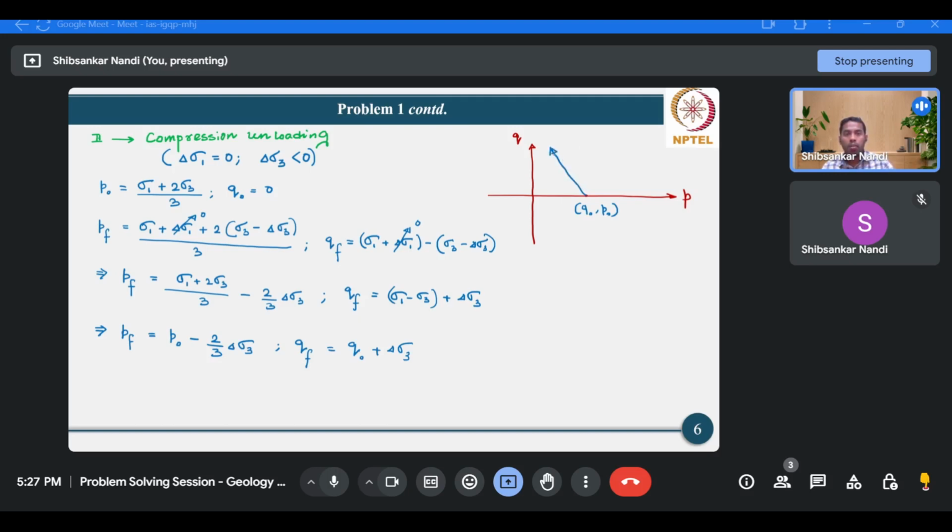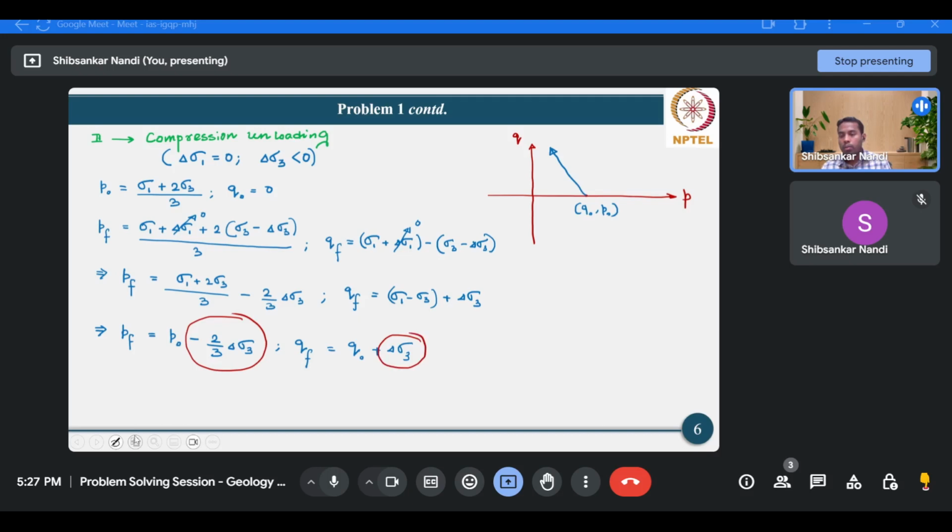We will not determine it, though we can easily determine delta Q by delta P by dividing delta sigma 3 by minus 2/3 delta sigma 3.